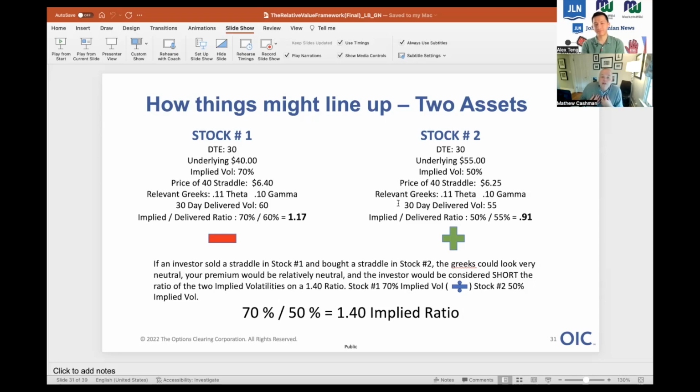What I look at from that perspective is now I'm short this ratio on a 140 because when you take the 70 vol and divide it by the 50 vol, you have a 1.4 ratio. What that generally means is now you can track the ratio of those two vols. And because you put this on for a relatively premium neutral amount of money, 15 cents, you can probably track pretty closely how your P&L is going to look as you track how that implied ratio of those two straddles moves.